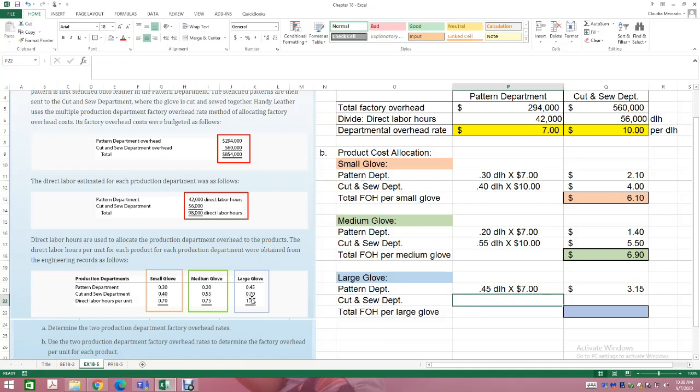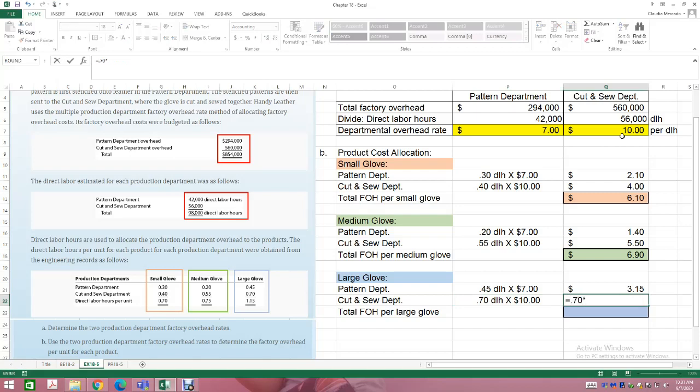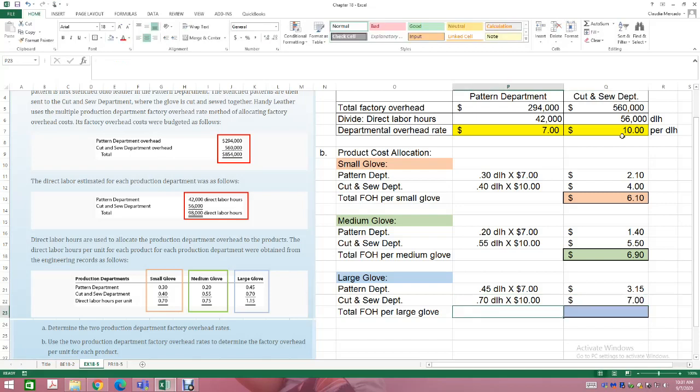For my cut and sew department, that's 0.70 direct labor hours times my rate of $10, which is $7. Then we add them together, and that gives me $10.15. So my total factory overhead per large glove is $10.15.